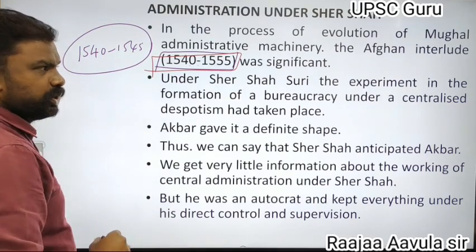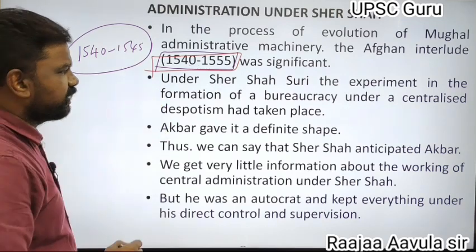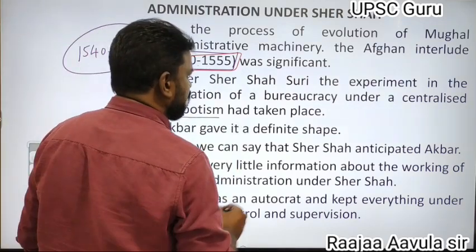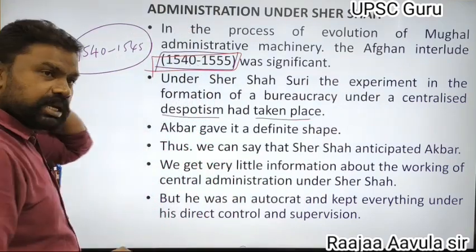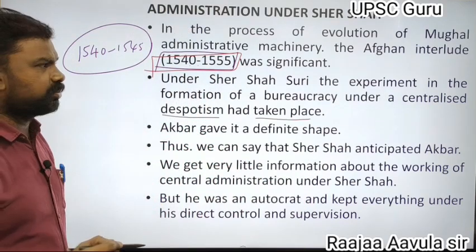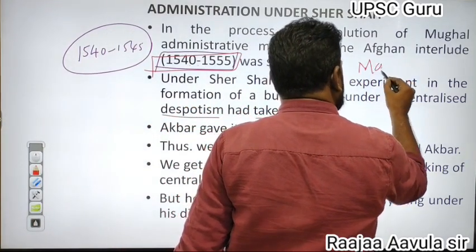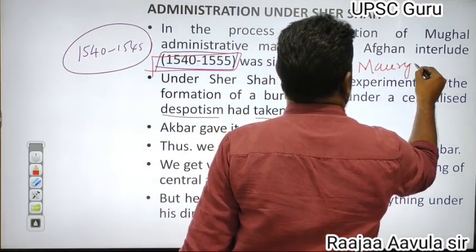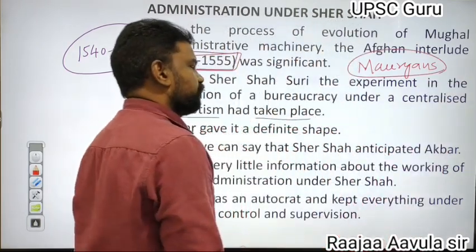Under Sher Shah Suri, the experiment in the formation of bureaucracy under centralized despotism took place. He introduced a centralized administrative system, after the Mauryans. In ancient Indian history, the Mauryans followed a centralized administrative system.